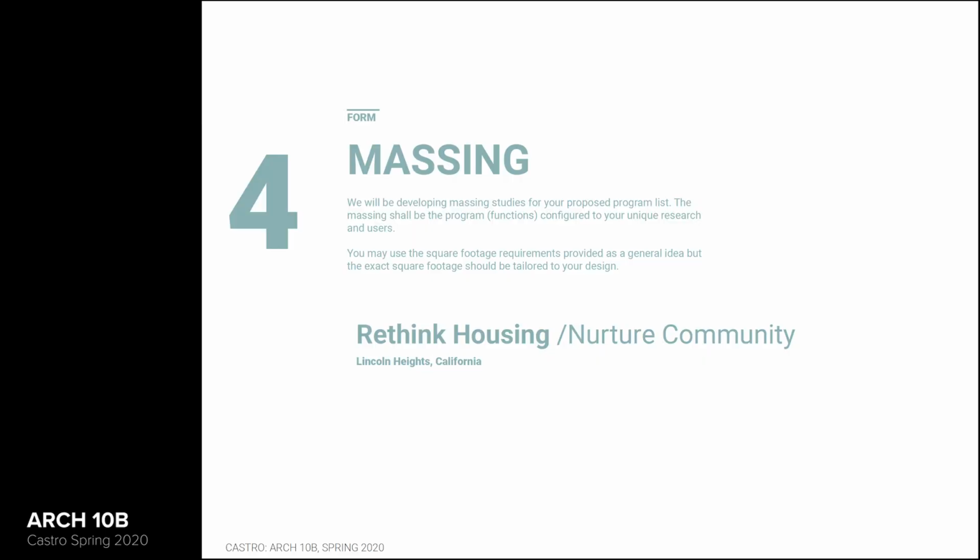So the massing shall be the program and the functions that we've identified configured to your unique research and users. Now, you may use the square footage, again, that I've stated and provided here as a list of requirements as a general idea, but the exact square footage should be tailored to your design and to your users. What do we want to see?